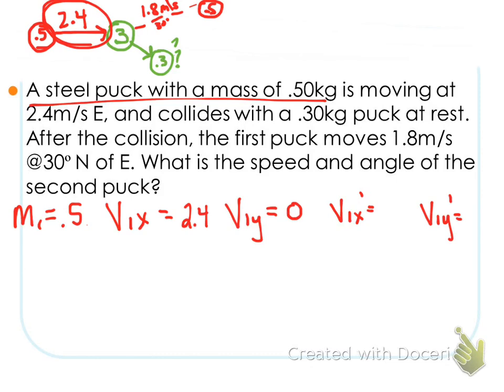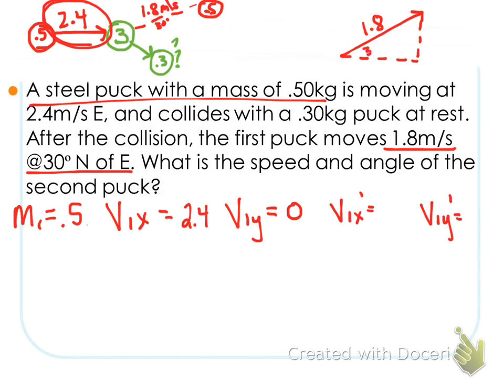Okay. After the collision now, it tells us it's moving 1.8 meters per second at 30 degrees north of east. So we have to break that down into an x side and a y side. I'm going to redraw that triangle right here. 1.8 is our hypotenuse. North of east means that it needs to touch the east axis, right?